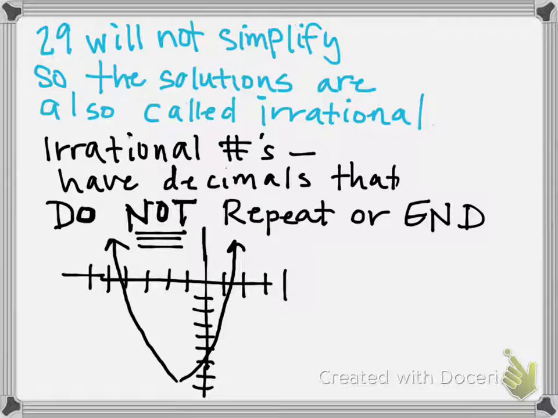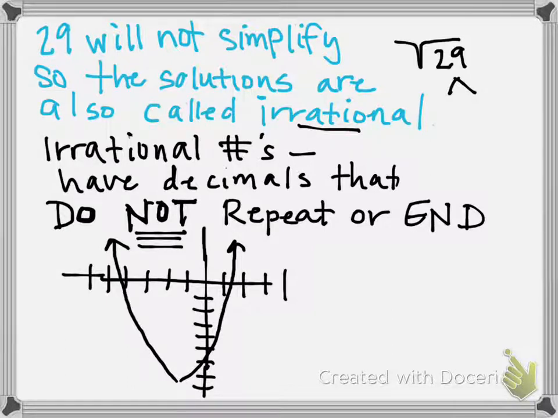29 will not simplify. If you tried to break the square root of 29 down with a factor tree, 29 is prime. If you get a prime number underneath the square root that won't simplify, it is called irrational. We haven't talked much about irrational numbers, but here's what they are.